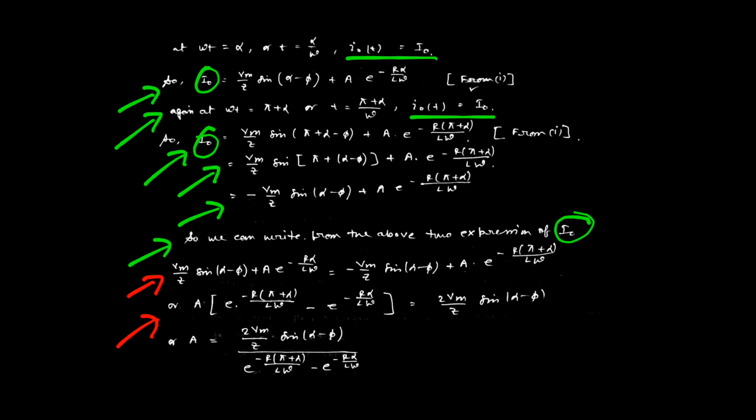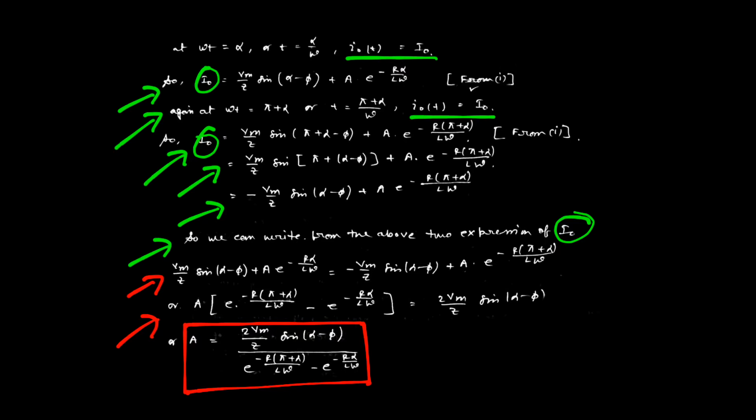So ultimately we can find the expression of this integral constant A, defined by 2Vm by Z sin(alpha minus phi) divided by [e to the power minus R into (pi plus alpha) by L omega minus e to the power minus R alpha by L omega].